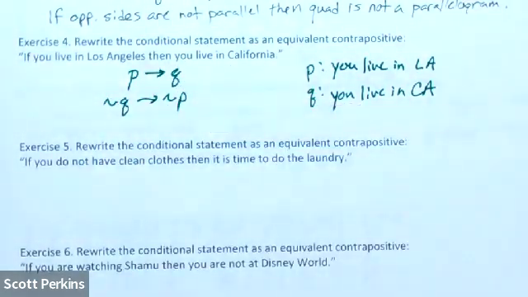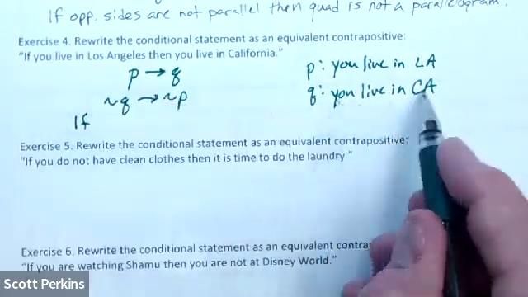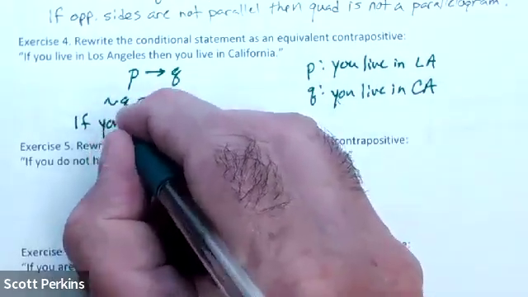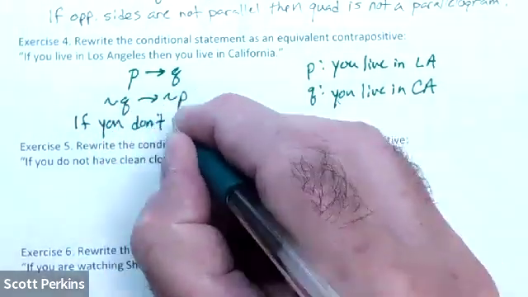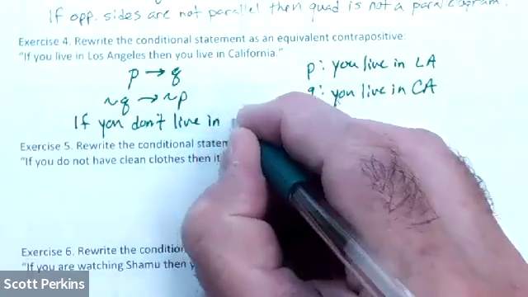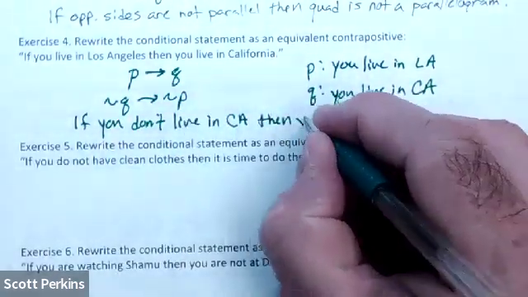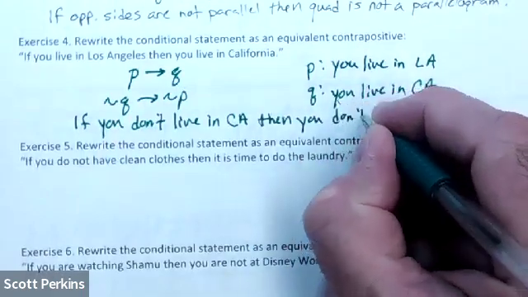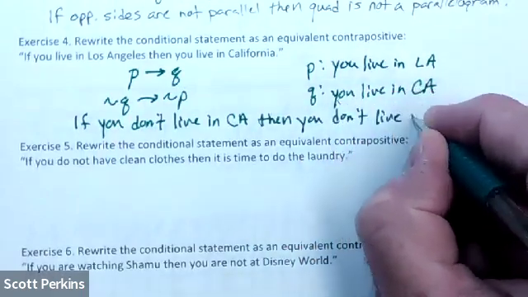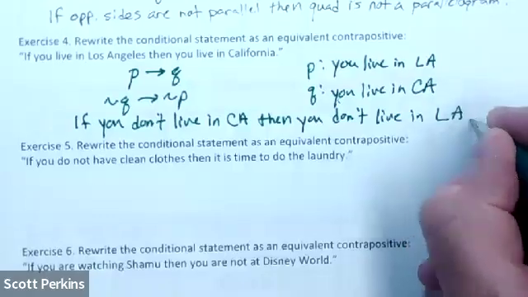And now I'm going to rewrite what I have. So squiggly Q, if you don't live in LA, or excuse me, if you don't live in California, then squiggly P, you don't live in LA. Those two things are logically equivalent.